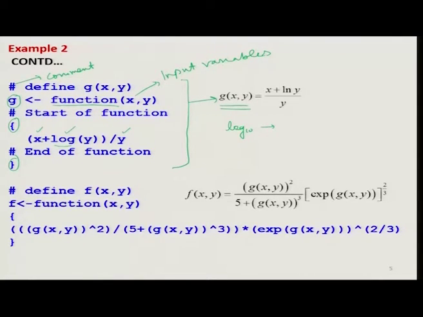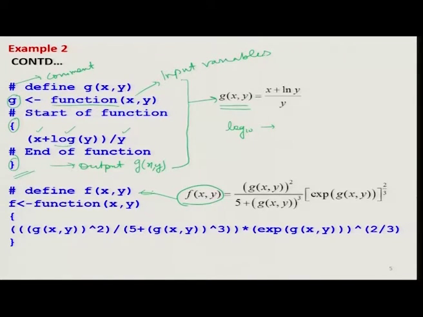So once it is computed here, then I am saying that okay, now I am done and the function is completed. Now this is going to give me an output for a given value of x and y, say g(x,y). Now in the second step I try to define the function f(x,y).